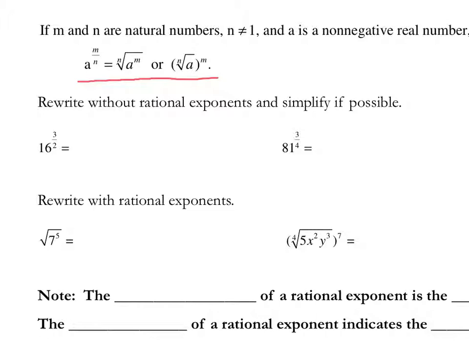What this is saying is that it doesn't matter whether you take the nth root of a to the m or you take the nth root of a and then raise it to the mth power. So it doesn't matter whether you take the root first or raise it to the power first. It is usually easier to take the root first so that you're dealing with smaller numbers.